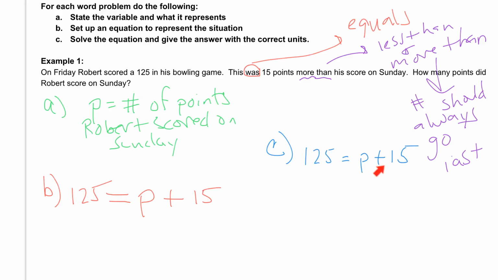Since we are adding 15 to the side with the variable, the opposite of adding would be to subtract. So I'm going to go ahead and subtract 15 on the right, which means I also have to subtract 15 on the left. And I get my answer that 125 minus 15 is 110, equal to P.